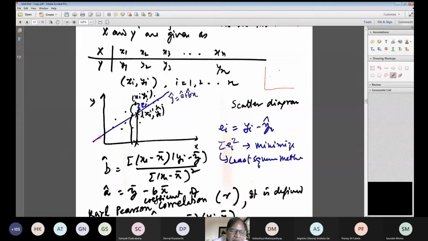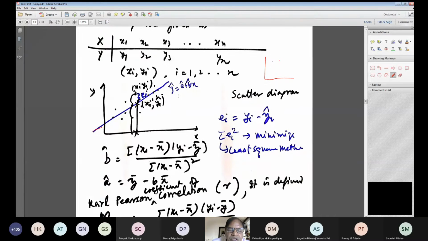So this particular line, which we represent by y cap equal to a plus bx. Why do we put a cap? Cap indicates that this is an estimated line. And how did we estimate this line? With the help of this data x1 y1, x2 y2, x3 y3, xn yn.